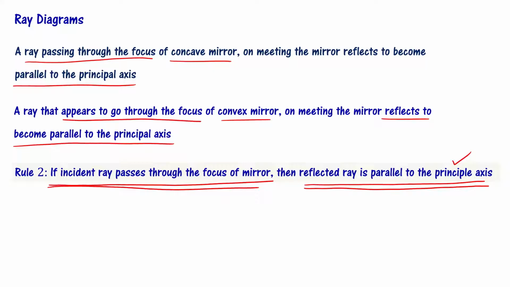In the case of convex mirrors, if the incident ray appears to go through the focus, then the reflected ray is going to be parallel to the principal axis. Understood? This is rule number 2. Please take a note of it.